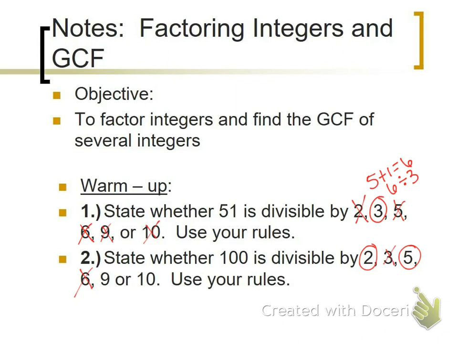What about 9? No, the digits are not divisible by 9. If we add the digits up, we still get 1. 1 is not divisible by 9. What about 10? Yes, because it ends in a 0.